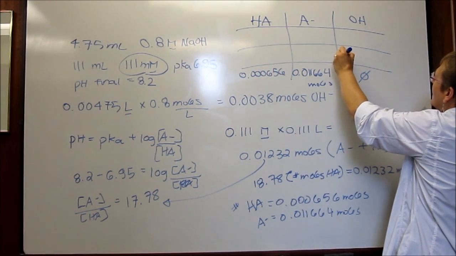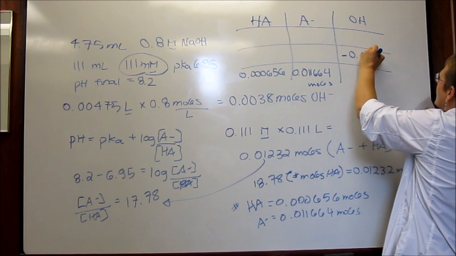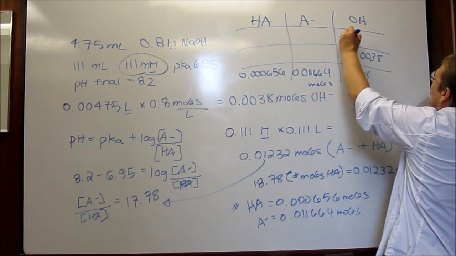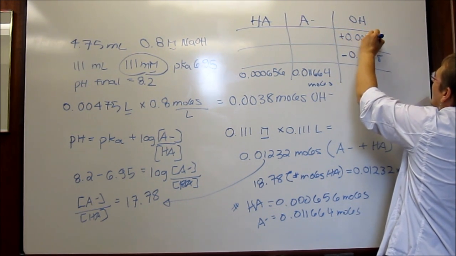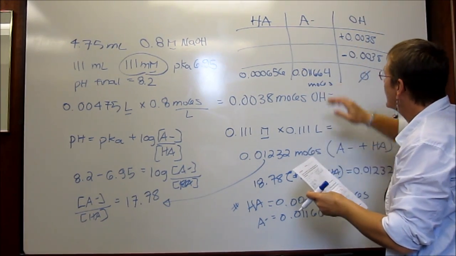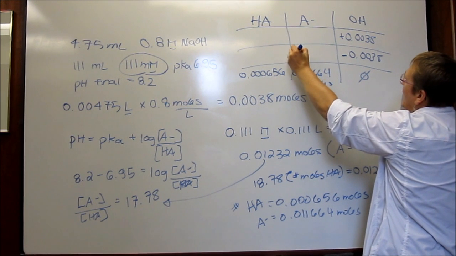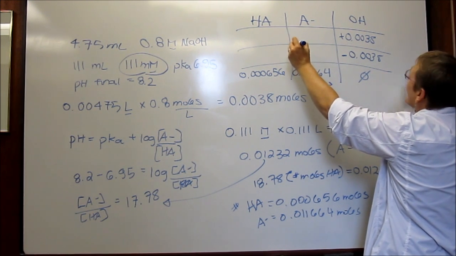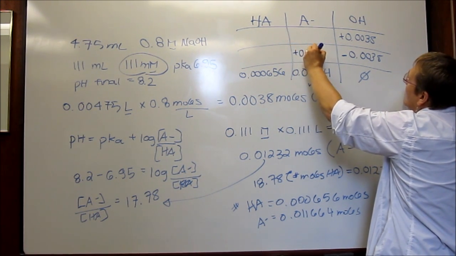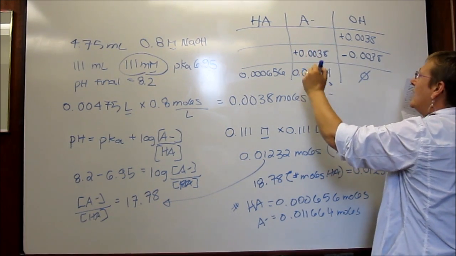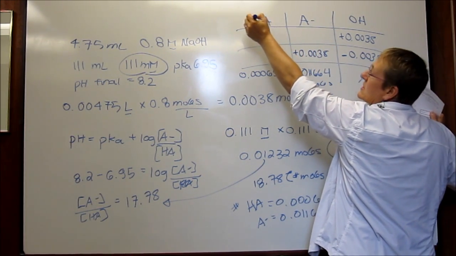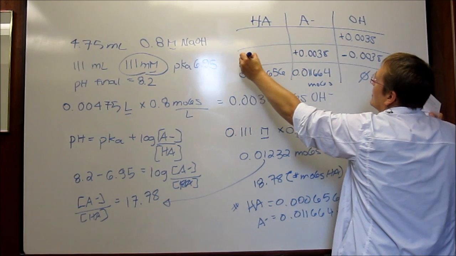Now we added the 0.0038 at the beginning, and it got converted over. So essentially, in order to get from here to here, we added the 0.0038 moles here because we took off the H pluses from up here and made those into A minuses.